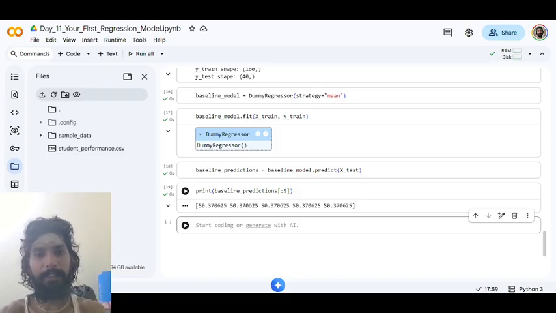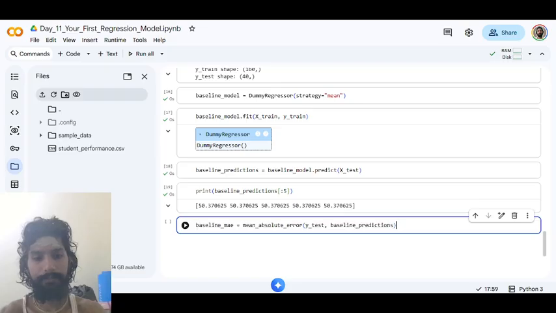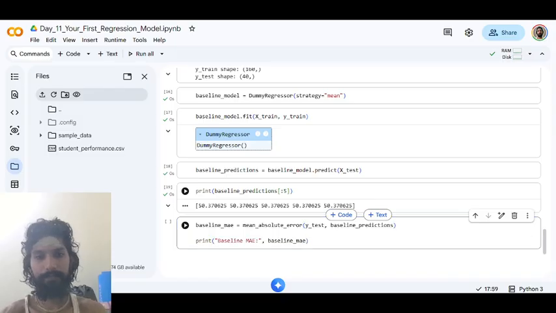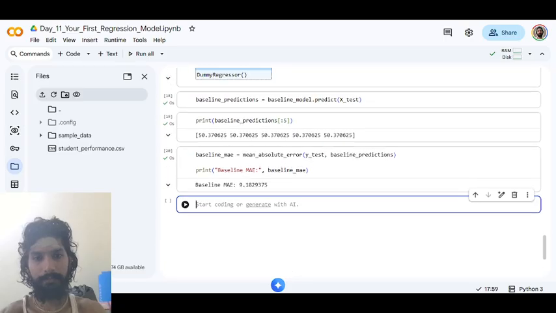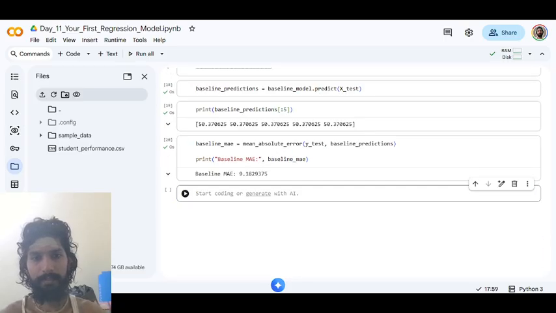Let us calculate its mean absolute error. Suppose the output is approximately 9. This would mean the baseline predictions are wrong by 9 score points on average. The exact result in your notebook may be different because it depends on the dataset.